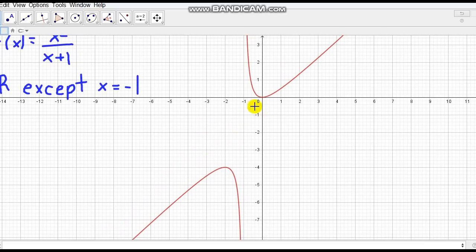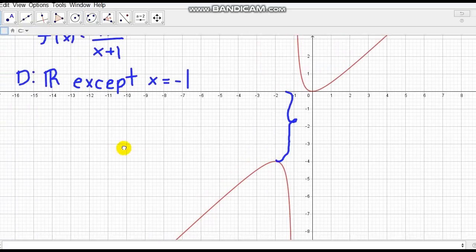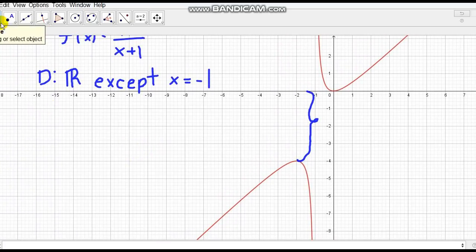However, there's an exclusion of this space here. So we are not going to include this space here. I'll label it for you. This part here is not included in the range, from 0 to -4, because that's what the oblique asymptote does. And it's really difficult to visualize that without the graph.